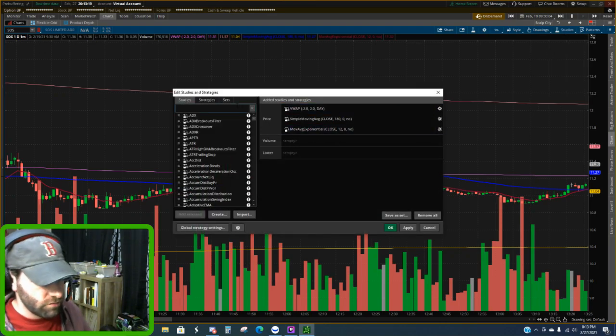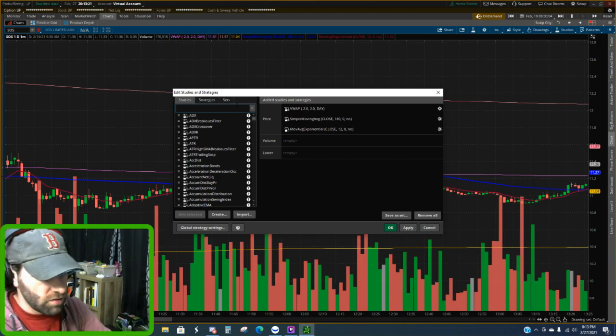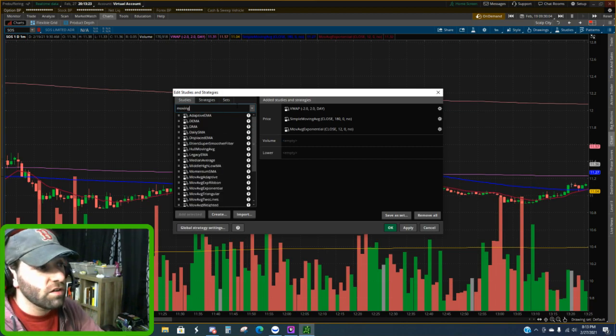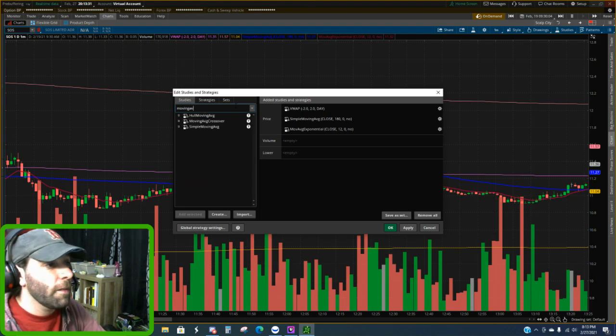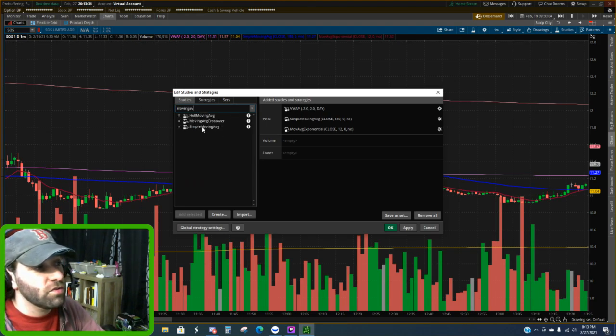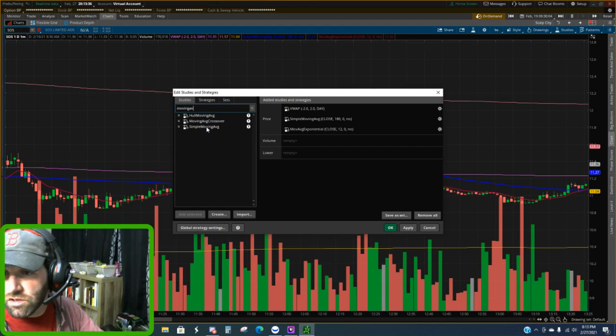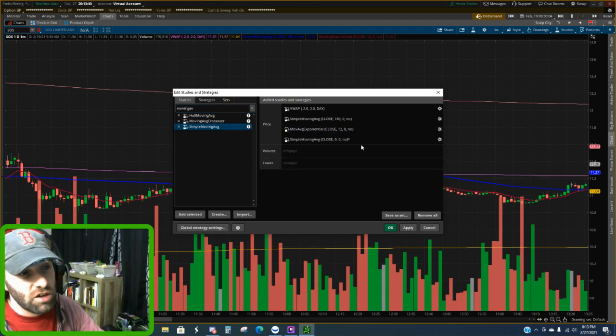Over here, just type in moving average. So here it pulls up the simple moving average. You would click on this, it automatically moves it over to here, and then you hit apply.